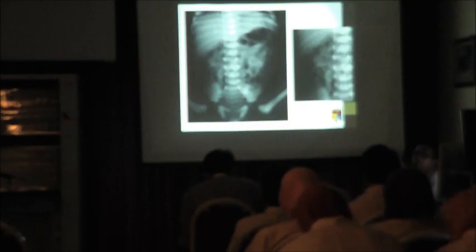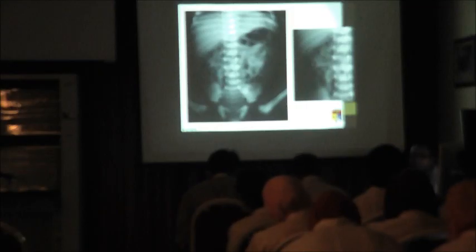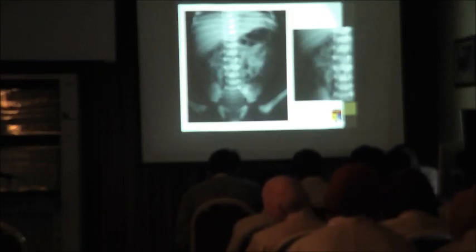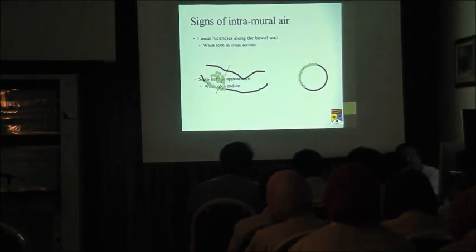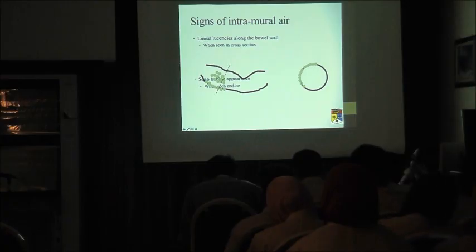Okay, so this is the memang characteristic that you need to know, right? Because it's an emergency cause. So what you see is, like I mentioned earlier, a linear cyst along the bowel wall, and when you see in cross section, memang look basically like this. Alright.